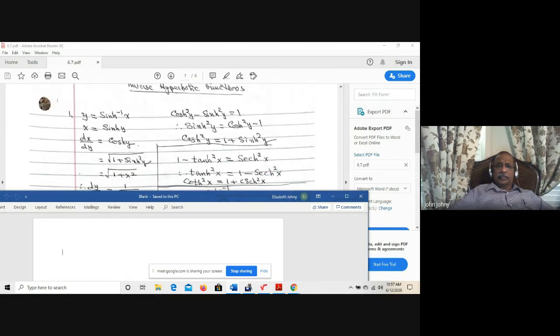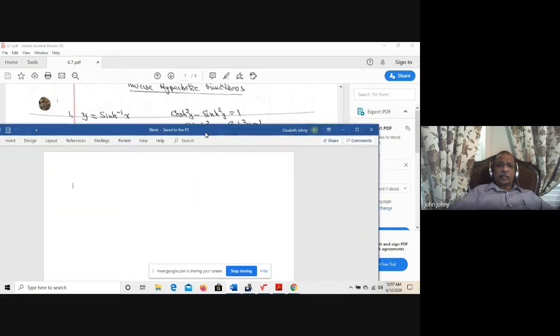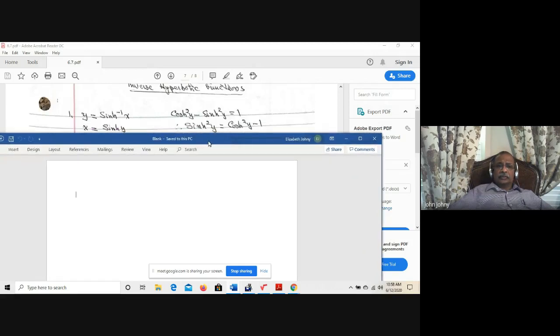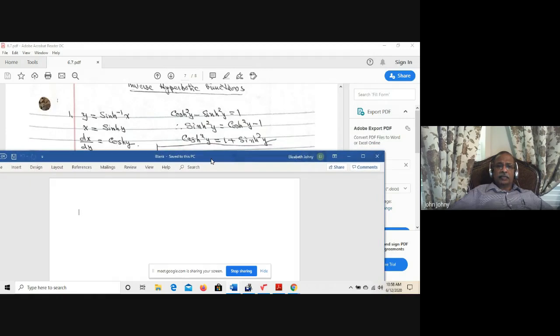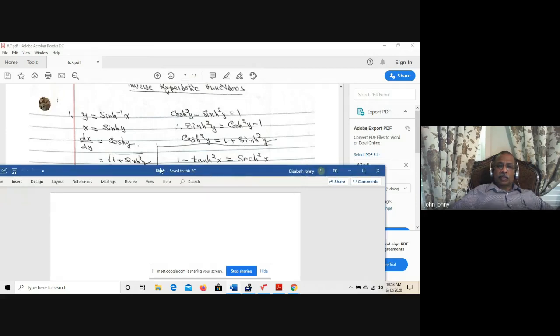Okay, next are inverse hyperbolic functions. y is equal to sinh inverse x. x is equal to sinh y. dx over dy is cosh y. So that is the square root of 1 plus sinh squared y. Here is the identity: cosh squared y minus sinh squared y is 1.